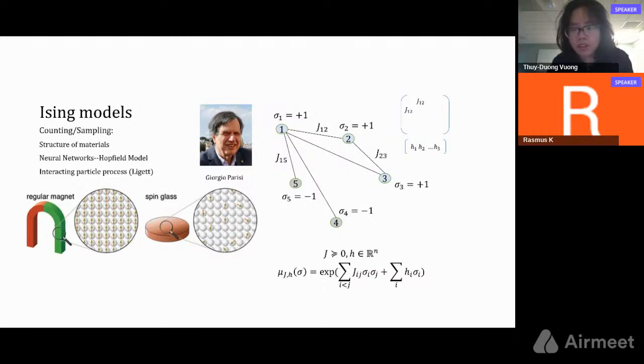This model is also known under the name of the spin glass model, and people study it to understand the structure of materials.